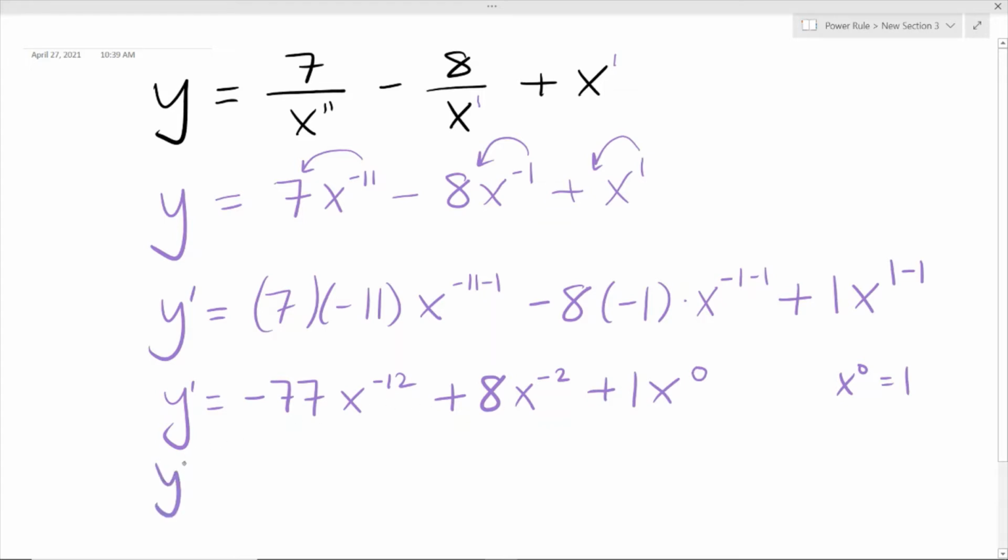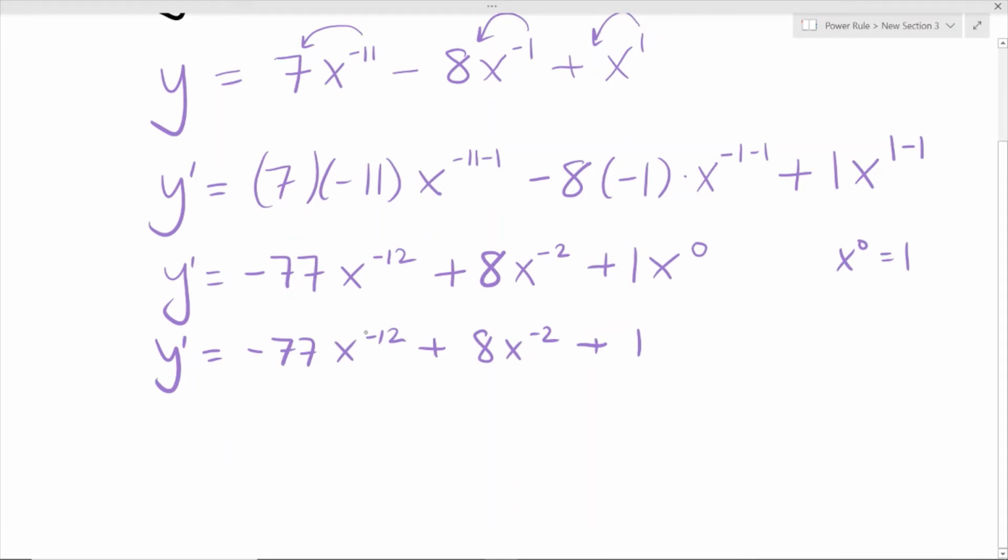So y prime is equal to negative 77 times x to the exponent of negative 12 plus 8 times x to the exponent of negative 2 plus 1. This is 1, because x to the exponent of 0 is equal to 1. Now 1 times 1 gives you 1. So that's why we write 1 here.